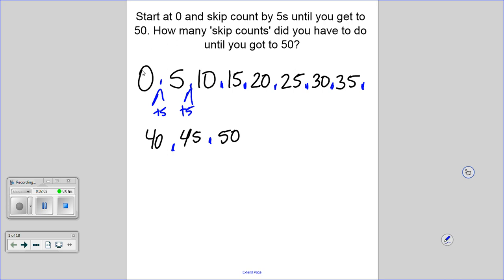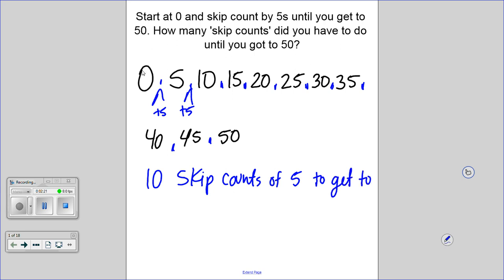Not a trick question, Serena? 10. 10 skip counts of 5 to get to 50.